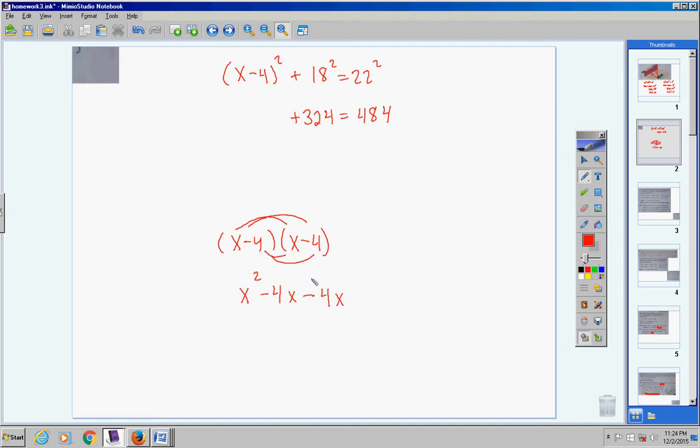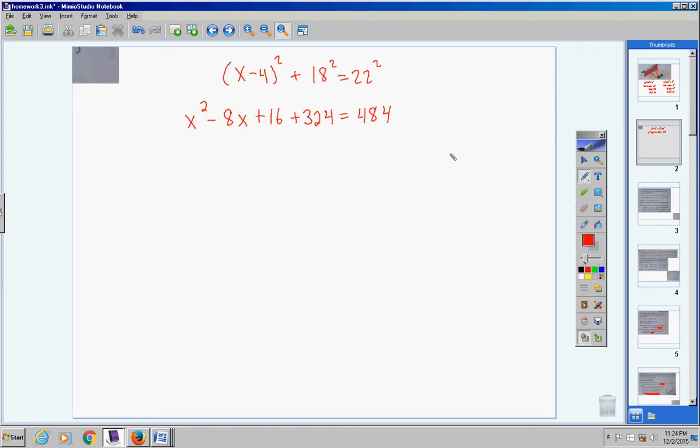Negative times negative is positive. 4 times 4 is 16. Combine like terms: x squared, negative 8x, positive 16. So when you take (x - 4) squared, you get this right here. Alright, let's pick this up and we'll put that right up here. There we go. So simplifying really helps.